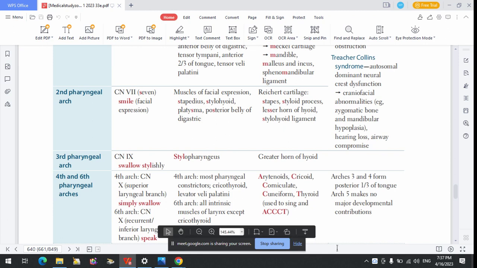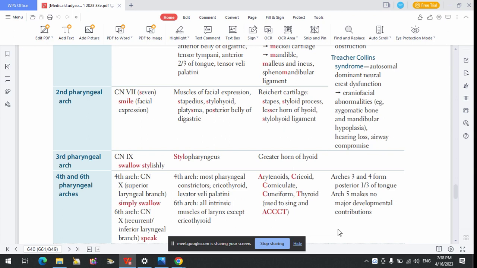It's just with time. So then the fourth and the sixth. We said that the fourth is the superior laryngeal, the sixth is the recurrent. The quick way to remember is that the recurrent supplies all the intrinsic muscles of the larynx that are used to make voice, except cricothyroid. Just bring that cricothyroid to the fourth.